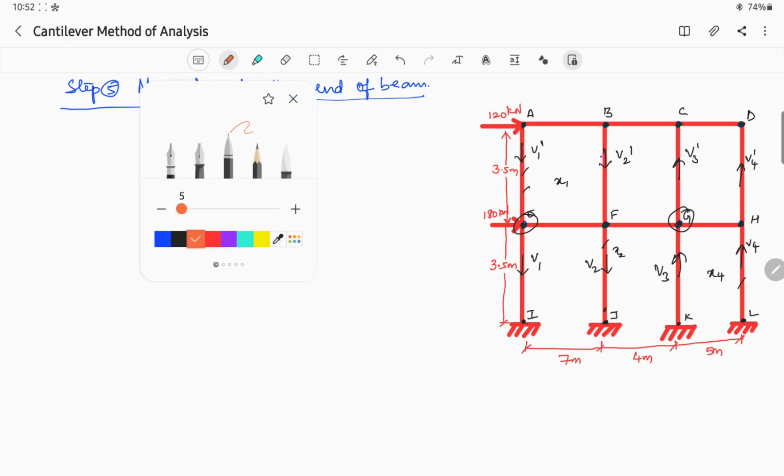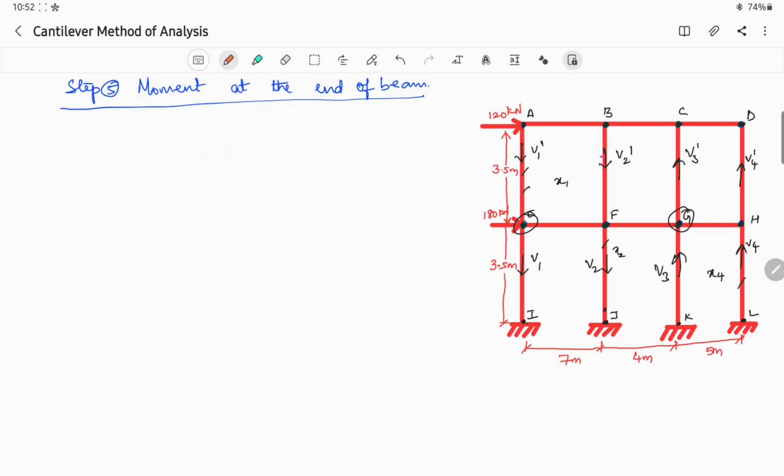So let us take another color. For story 1, I'll take story 1. Always in the cantilever method, we have to go from the first story. For story 1, if you see story 1, we have this point, isn't it?